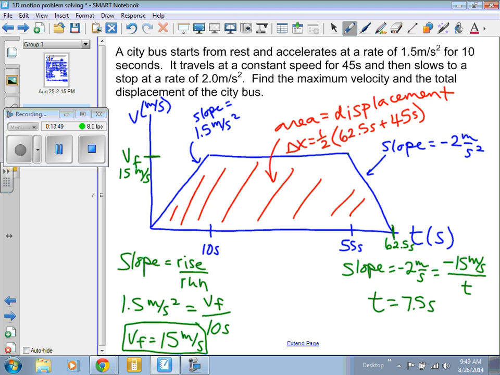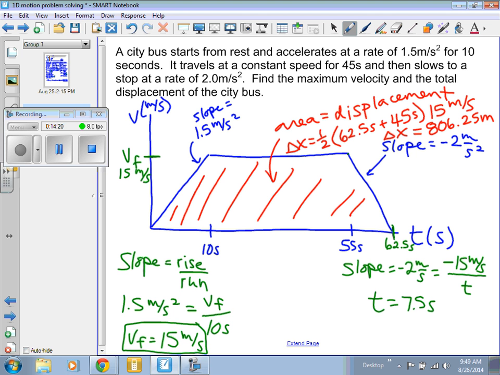And then you multiply that by the height, which is 15 meters per second, and our result is delta x is equal to, I forgot what the value was, 806.25 meters. And we can see that our units work out there because we have seconds times meters over seconds, so that leaves us with meters.